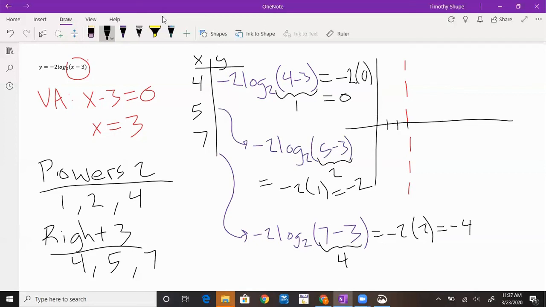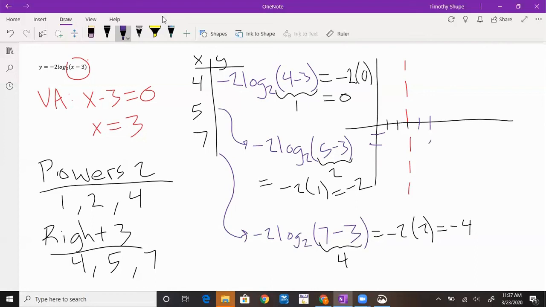So we have 3 different coordinates here. We plugged in a 4, got a 0, plugged in a 5, got a negative 2, plugged in a 7, got a negative 4. I'm now going to plot these onto my graph. So to the right 4 and 0 is going to put me right on the axis. To the right 5 and down 2, I can go about right there.